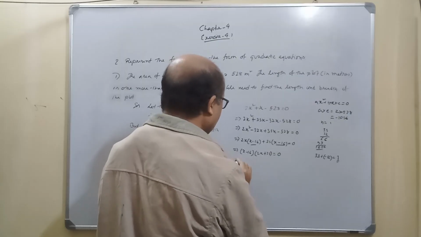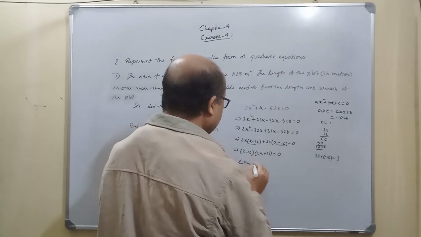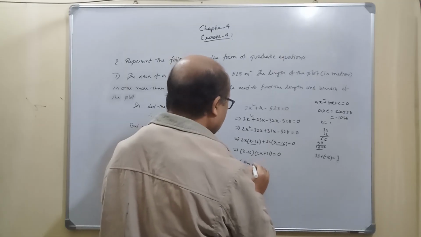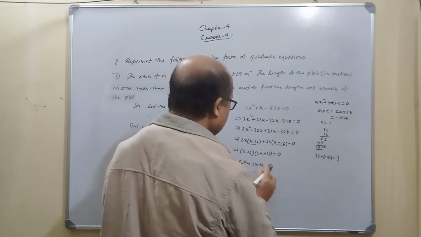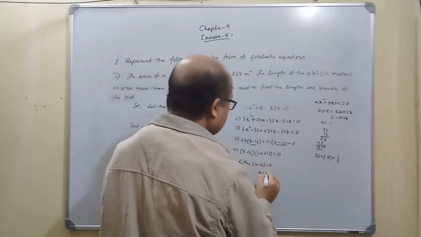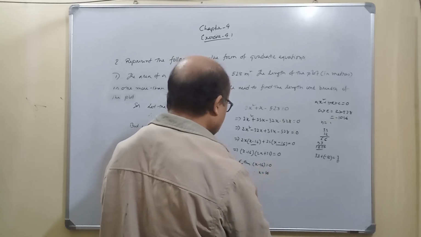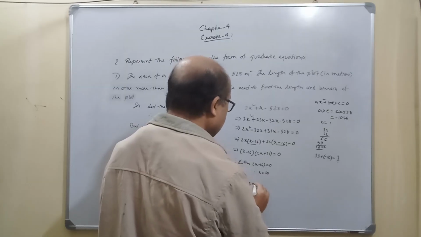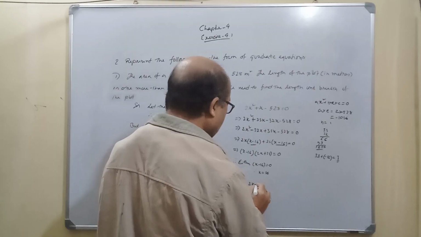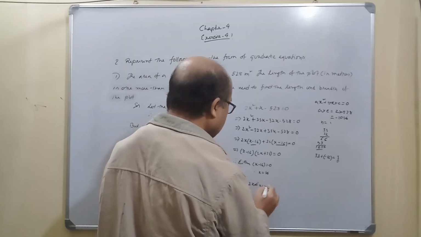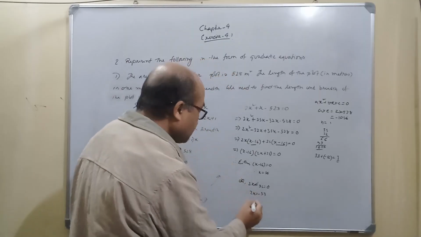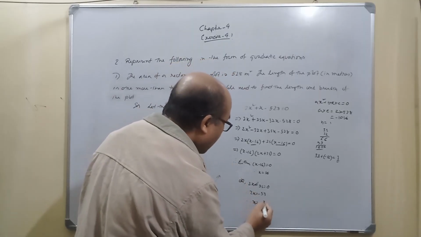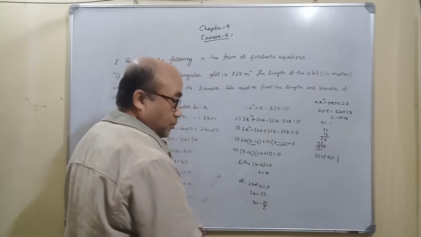Hence either x minus 16 is equal to 0, hence x is equal to 16, or 2x plus 33 is equal to 0, hence 2x is equal to minus 33, hence x is equal to minus 33 by 2.